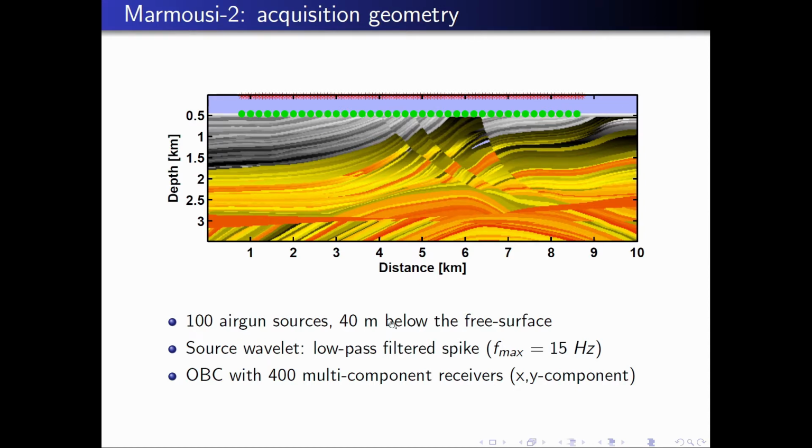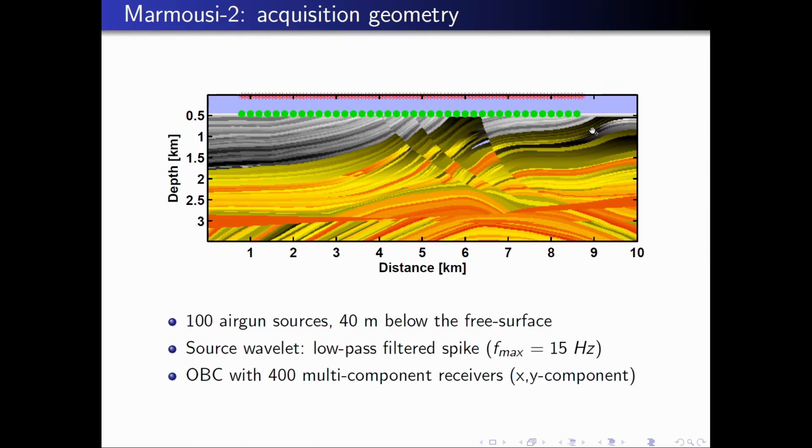For the source wavelet, we assume a low-pass filtered spike with a maximum frequency of 15 Hz. And the seismic wave field that is excited at each source position is recorded by 400 multi-component receivers that are lying here on the seafloor at 460 meters depth.